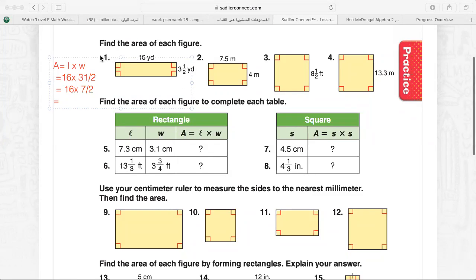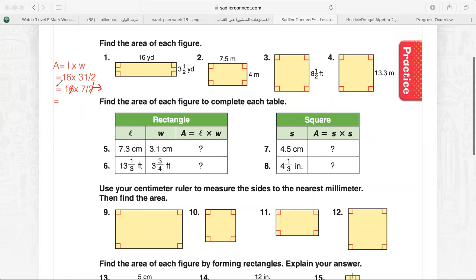GCF of 2 and 16 is 8. No, wait. GCF of 2 and 16 is 2. Sorry.